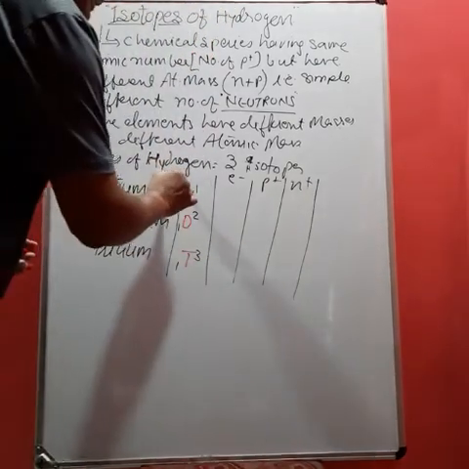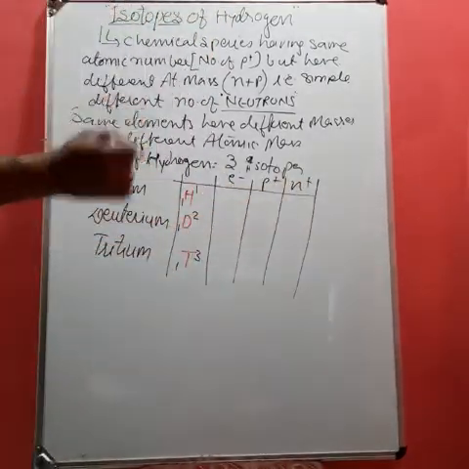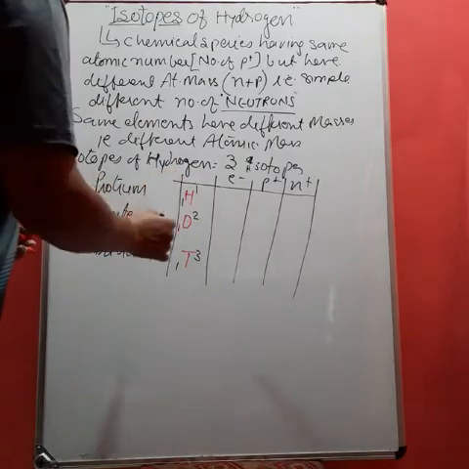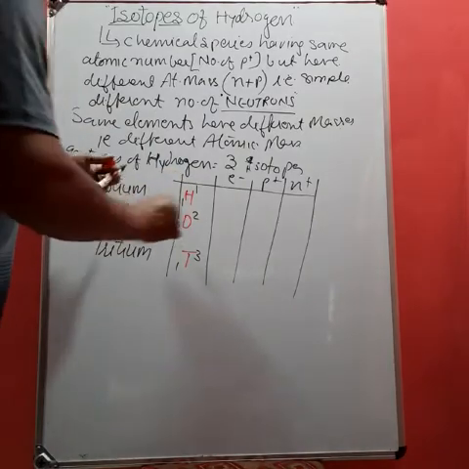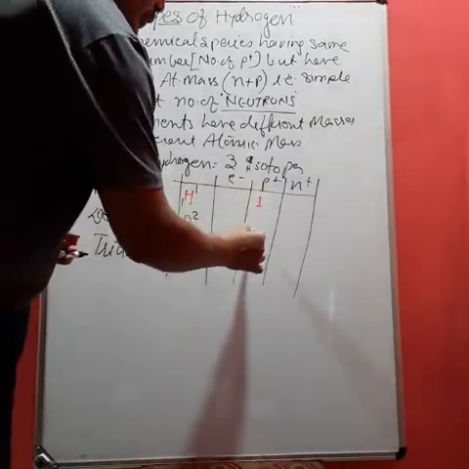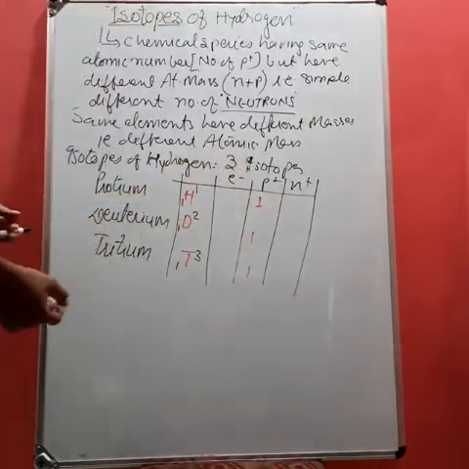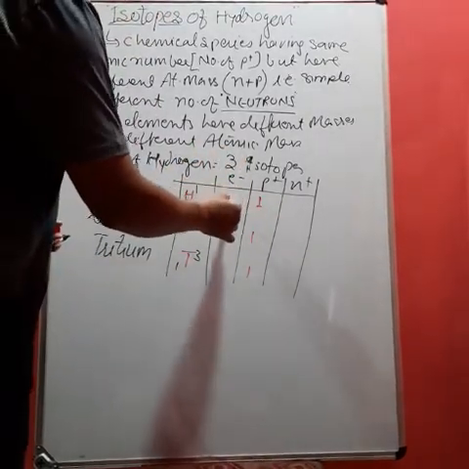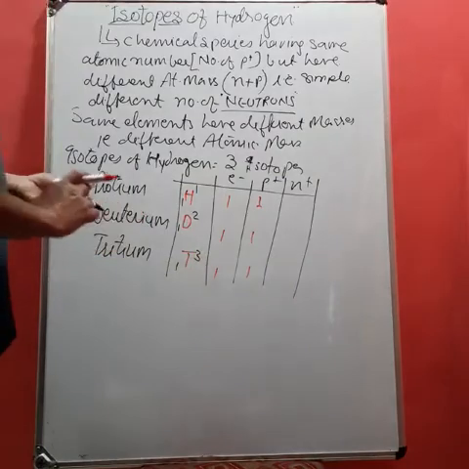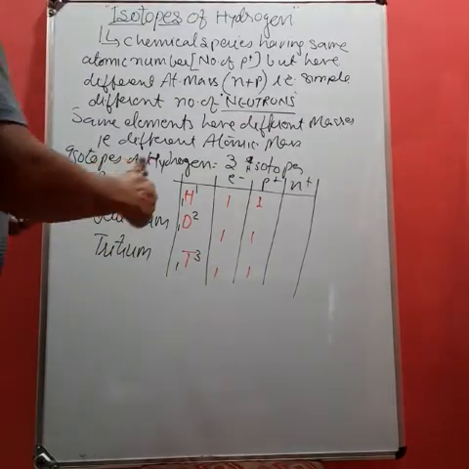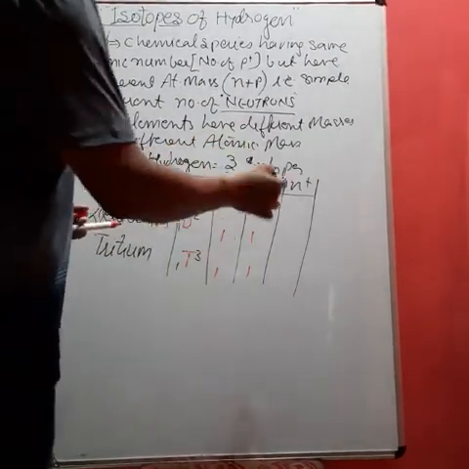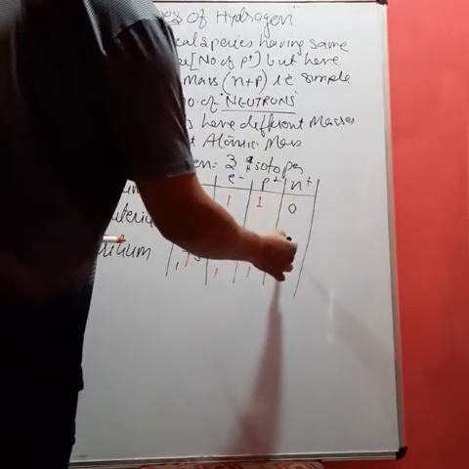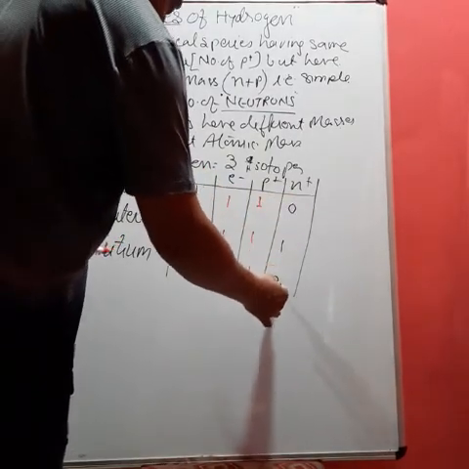I told you they have the same number of protons, 1, 1 and 1. If the number of protons is 1, then the electron will obviously be 1. But now they differ by atomic mass, that is neutrons. So there is 0, there is 1, and there is 2.